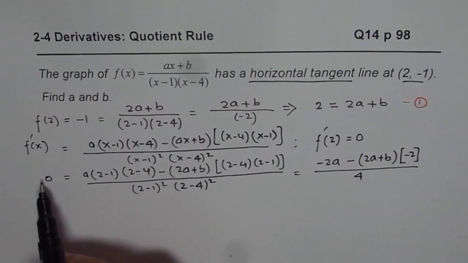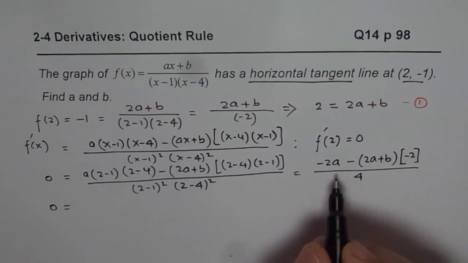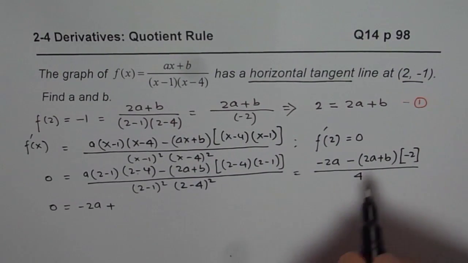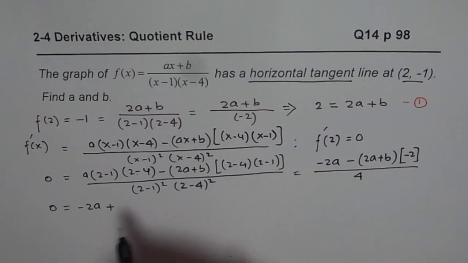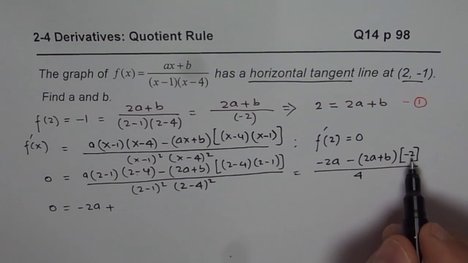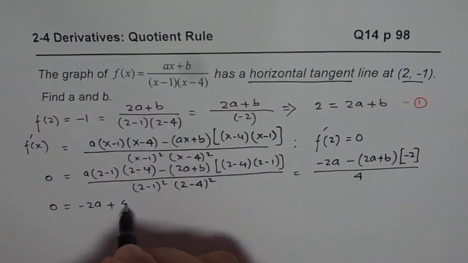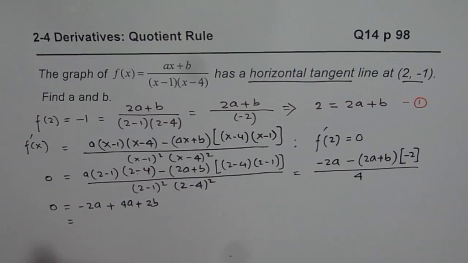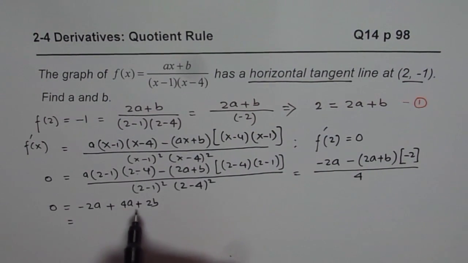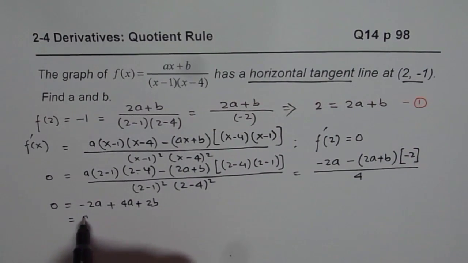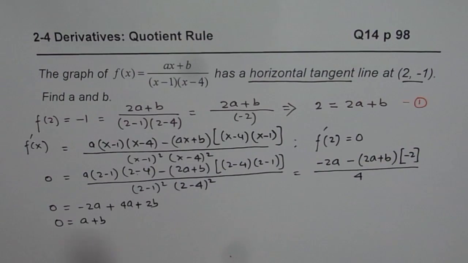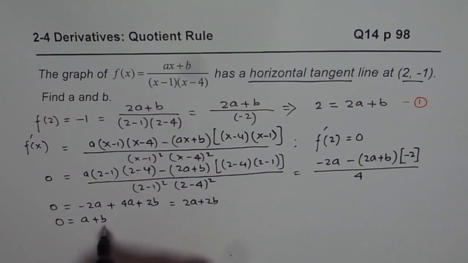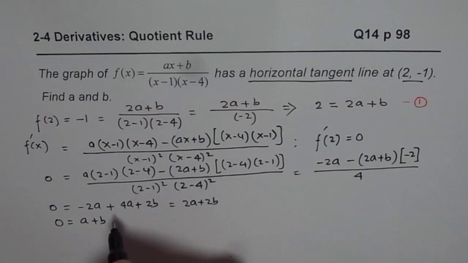If you cross multiply, 4 times 0 is 0, so we get 0 = -2a, and then minus becomes plus, so we have 4a + 2b. So 0 = -2a + 4a + 2b, that is 2a + 2b = 0, and dividing by 2, a + b = 0. I'll call this my equation number 2.